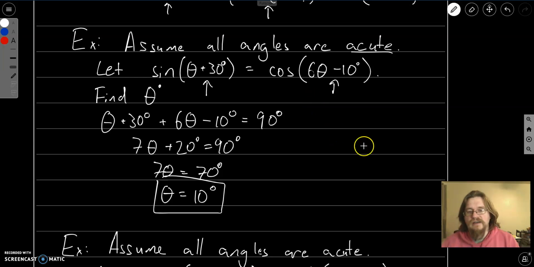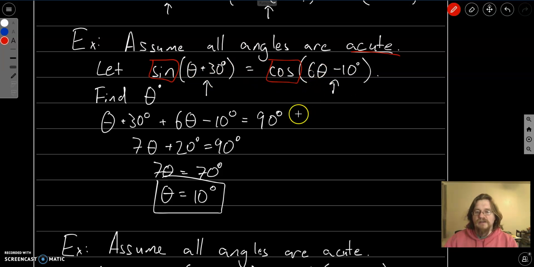So, where did I start? I had sine and cosine, and these are cofunctions. Since all the angles are acute, and I get the same thing when I plug them in, they've got to be complementary angles, meaning they have to add up to 90.